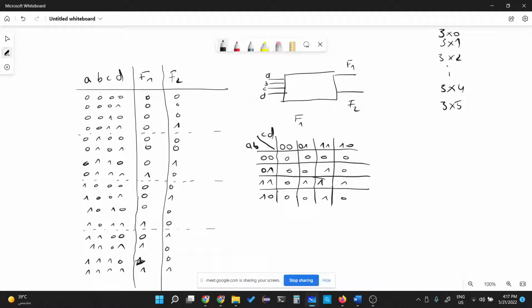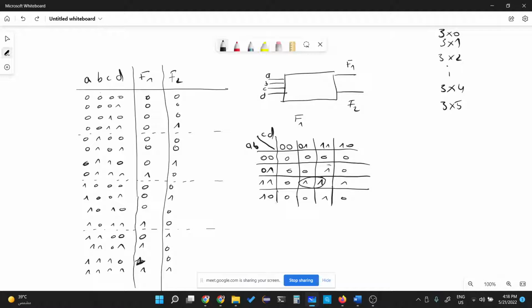Once they grouped, let's say they group these two together, then they group each of these one by itself. They think they covered everything. This is incorrect. This will give you an expression that is not optimized. The expression will be correct but not optimized.